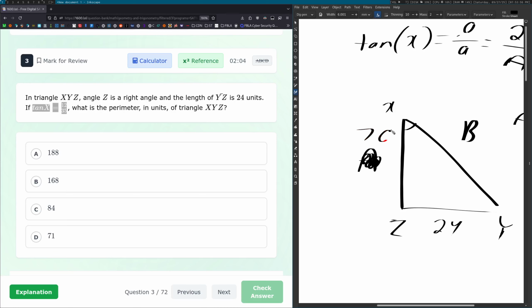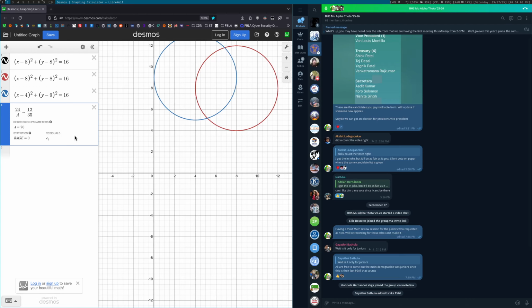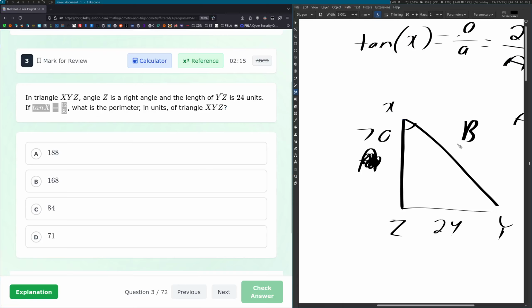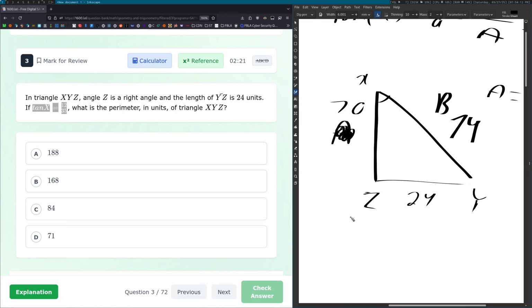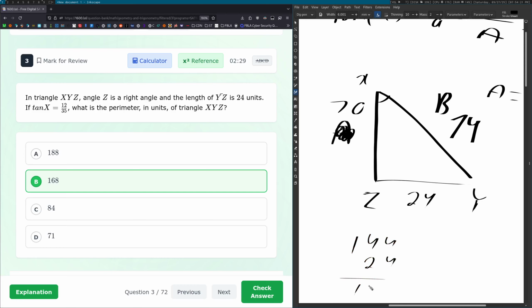We've got 70. And for B, we can use the Pythagorean theorem like always. That gives 74. And adding these up, this would be 144 plus 24, so 168. Everybody follow that?